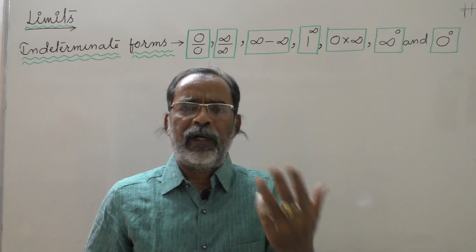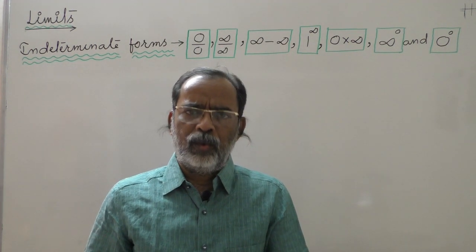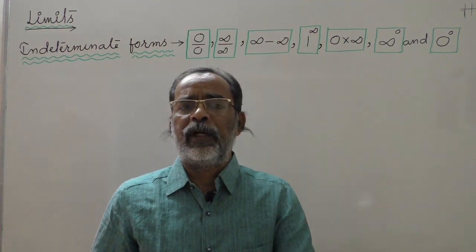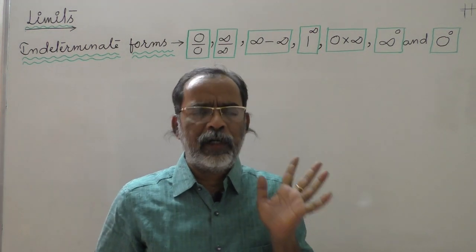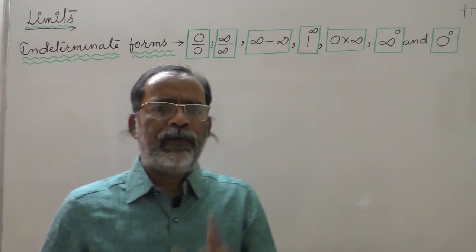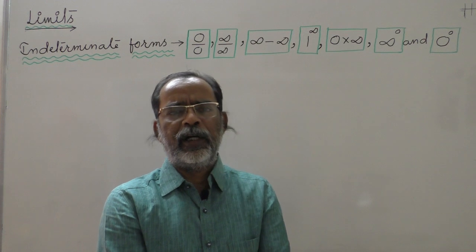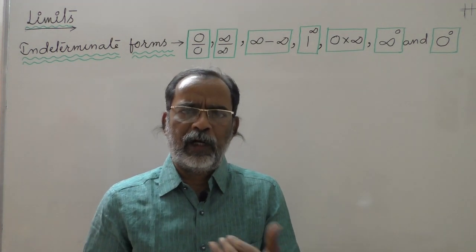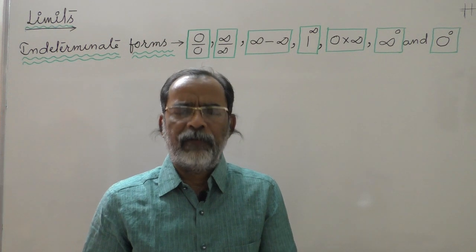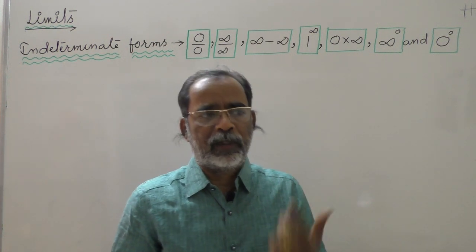Number 1, you may get a determinate answer, or number 2, you may get an indeterminate value. Limit of a function should not be indeterminate. See, if you get an indeterminate form, there are about 8 indeterminate forms, then that indeterminate form cannot be the limit of a function. Then you should adopt another method.